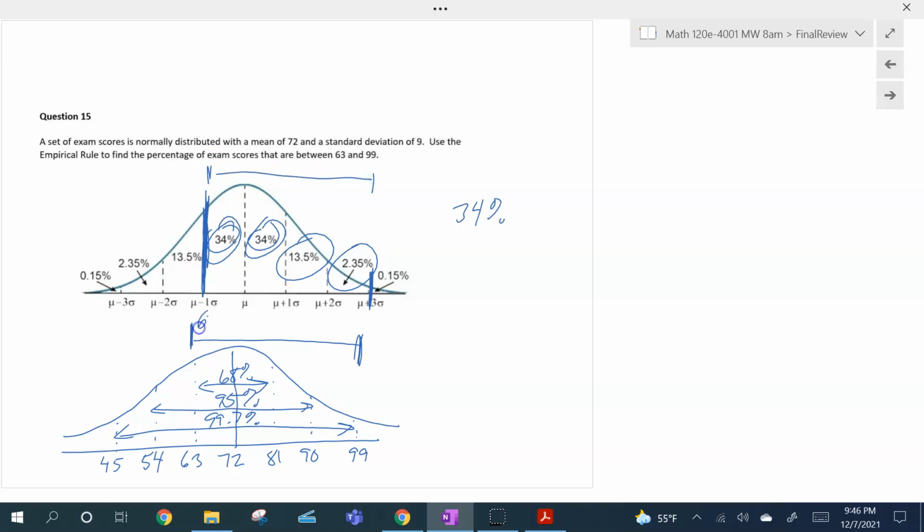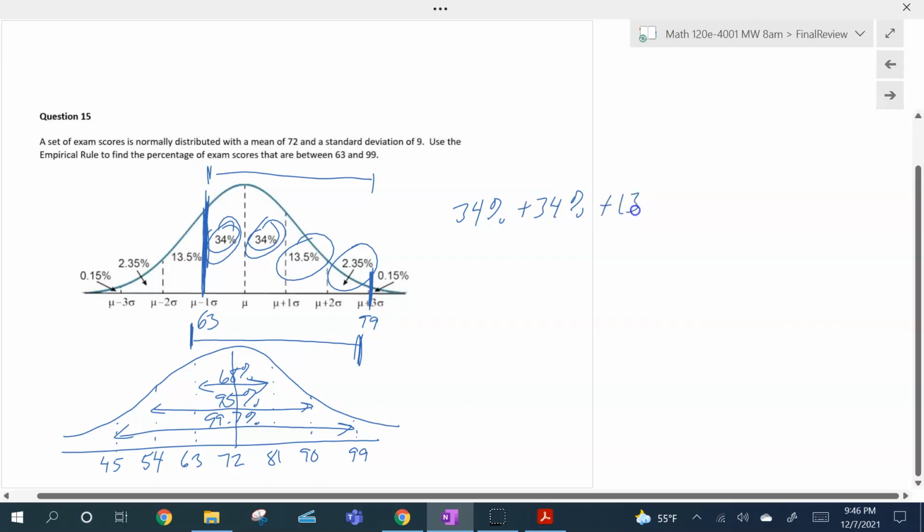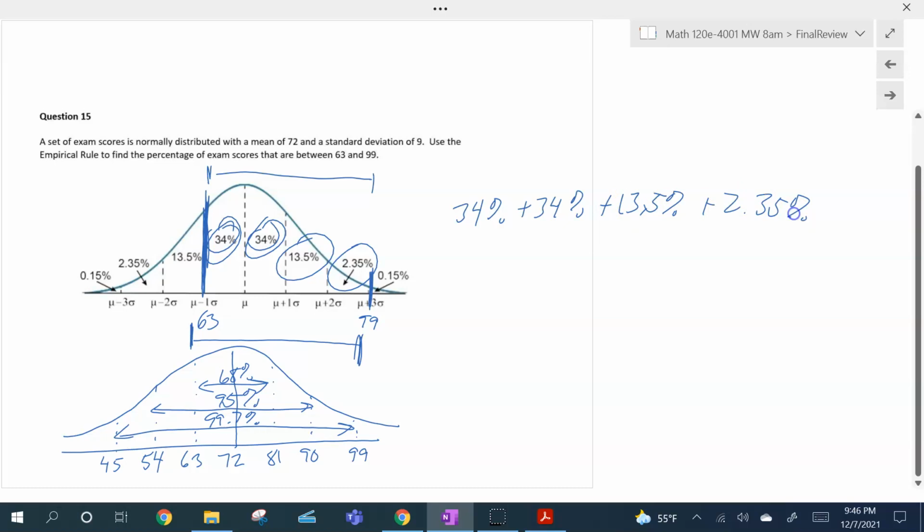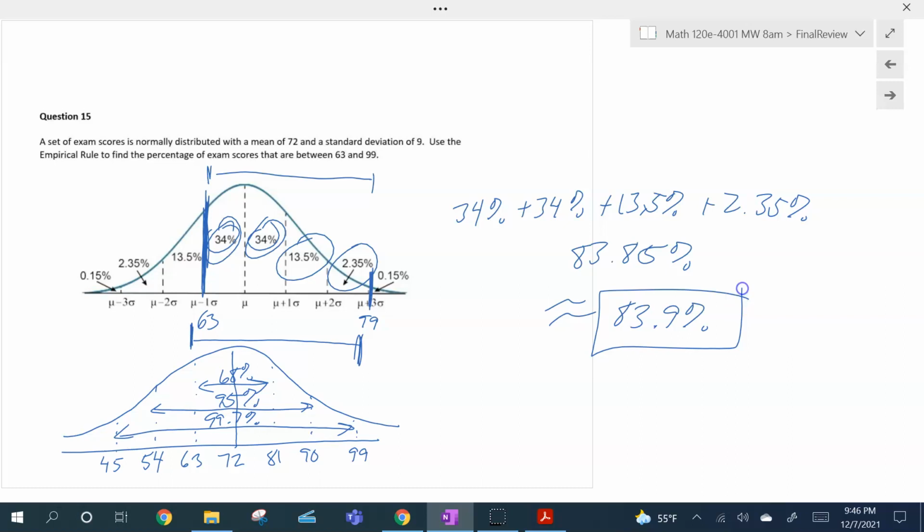We're going from 63 up to that 99 mark. That's 83.85%. So approximately, if I round that to the nearest tenth, 83.9% on that.